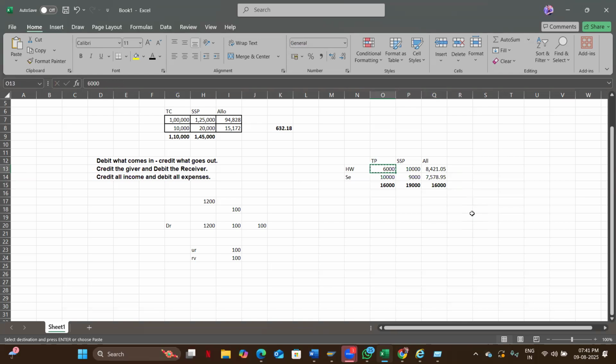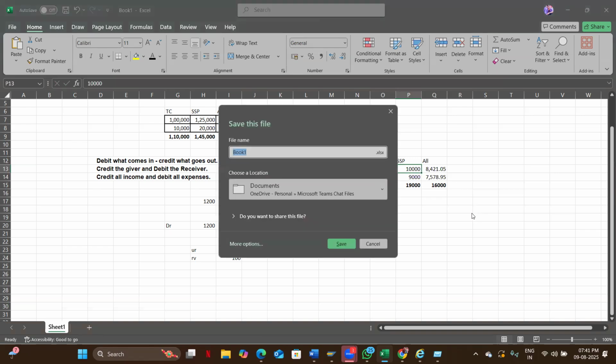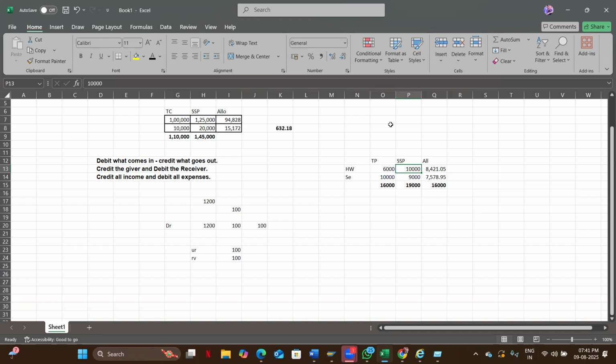Okay. I can understand it in the Excel model, but I can't understand it in the SAP model.